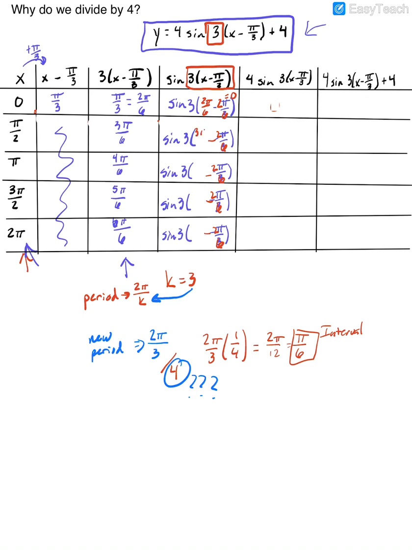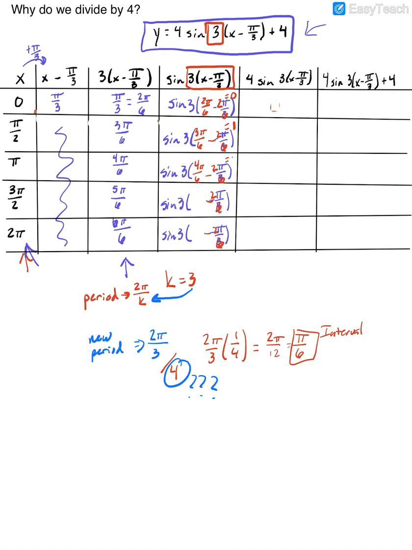3 pi over 6 minus 2 pi over 6 is 1/6. So 1/6 times 3 is 1/2. There's pi over 2. Okay, so then sine of pi over 2 is 1. Okay, then 4/6 minus 2/6 is 2/6 times 3 is 6/6, which is 1. So there's your pi.